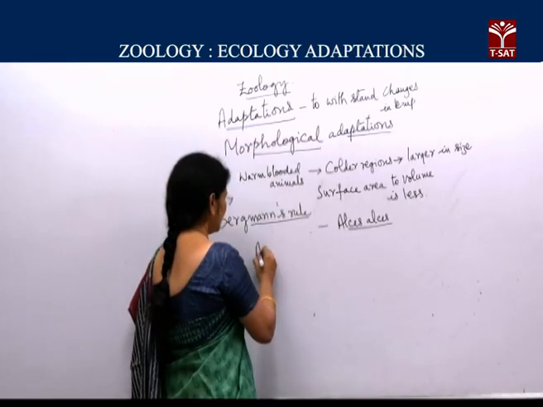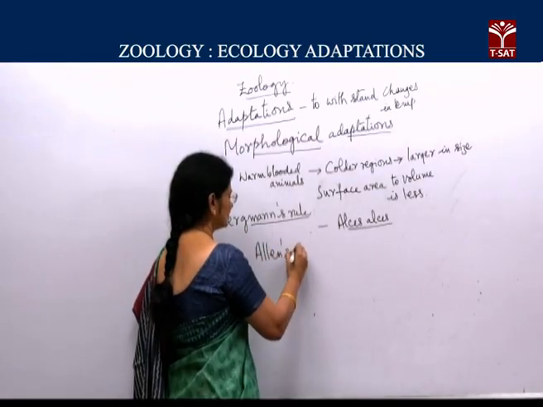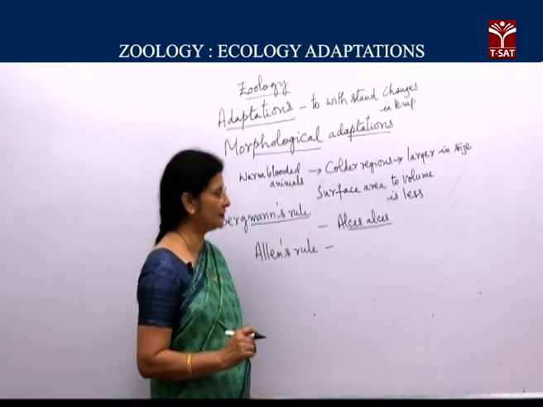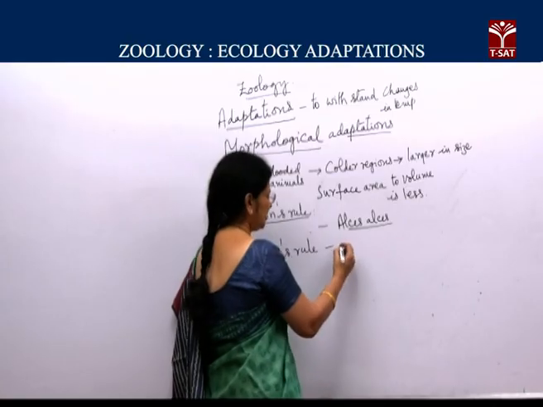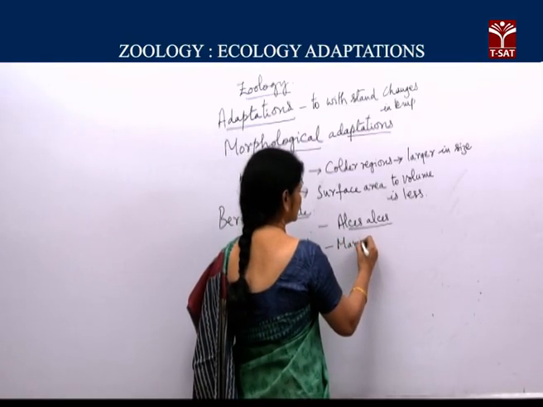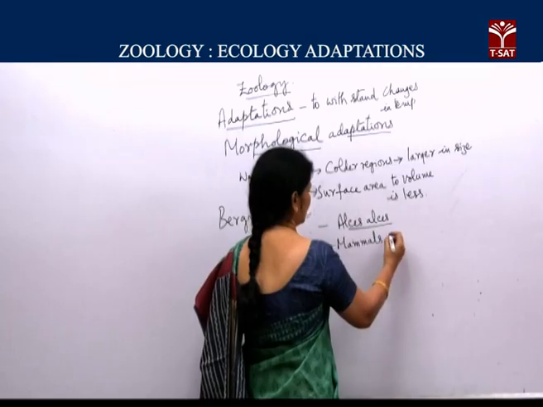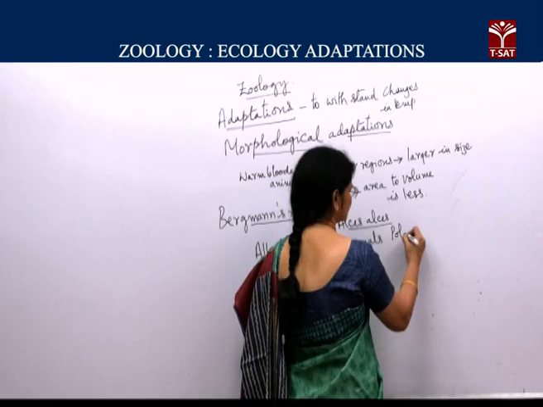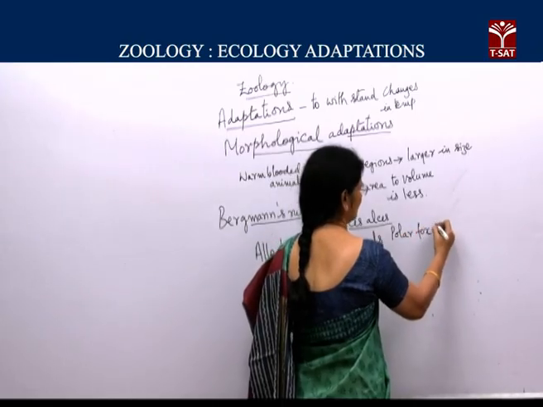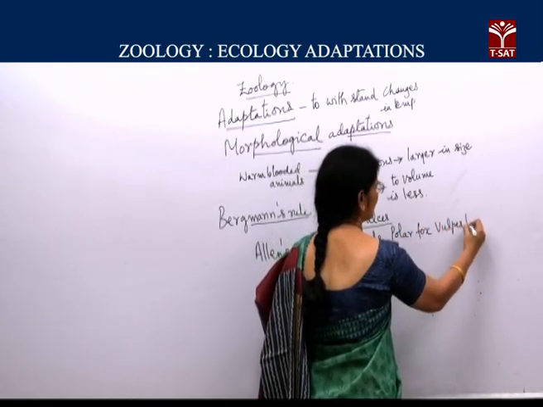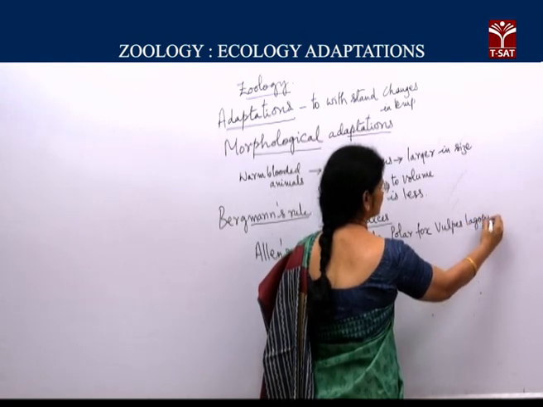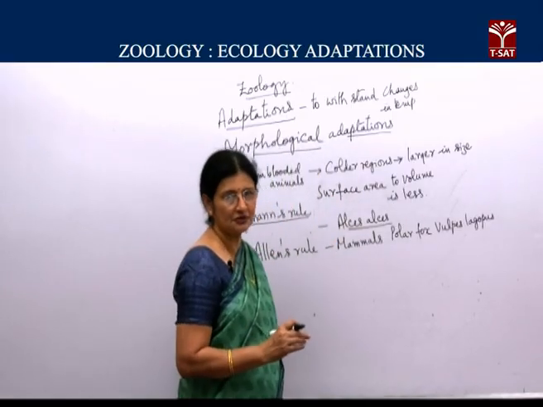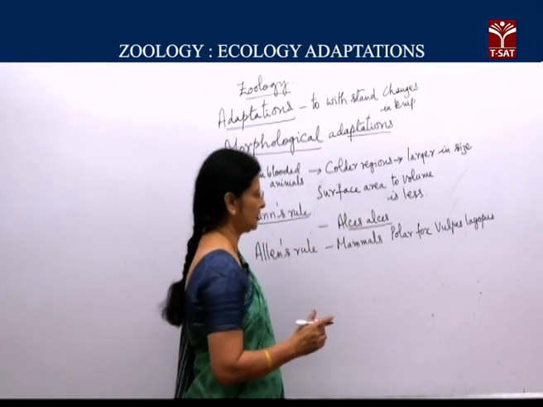Another thing is Allen's rule. Here also we find a difference in morphology. In the case of mammals, like the polar fox, the ears and tails are all smaller in size.